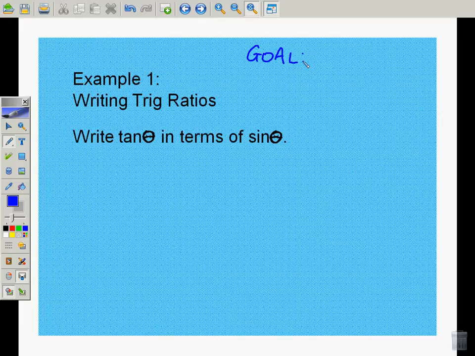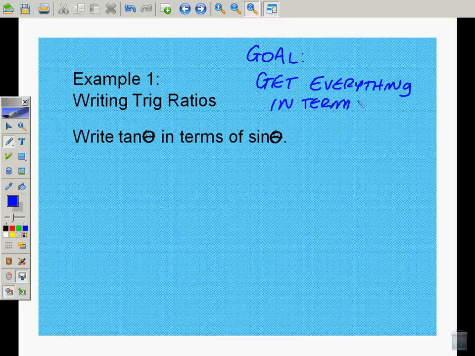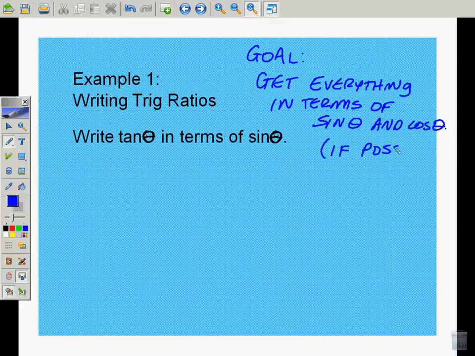Our goal is to get everything in terms of sine theta and cosine theta, if possible. Okay, so if possible, we want to use identities to get everything in terms of sine and cosine.